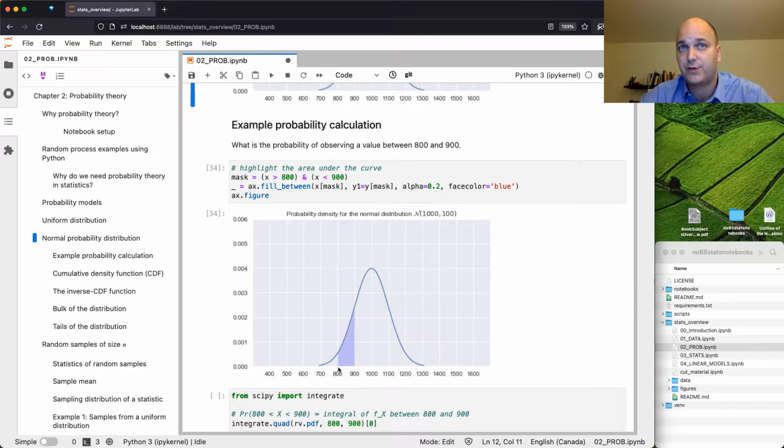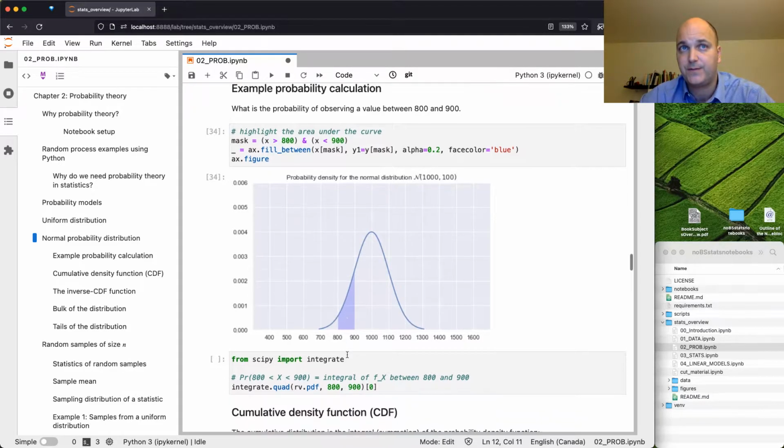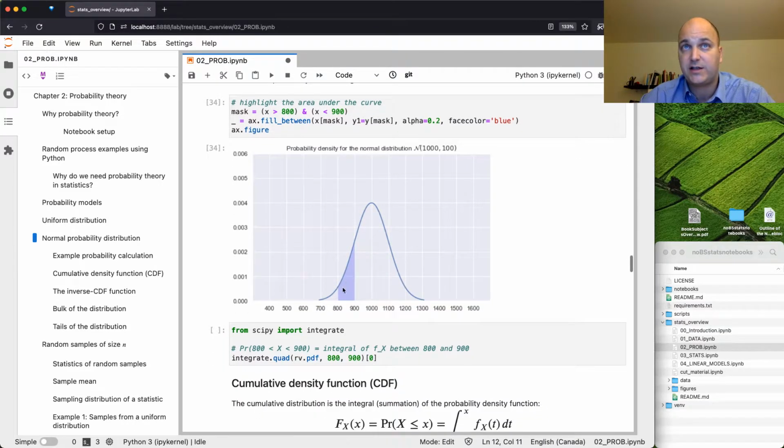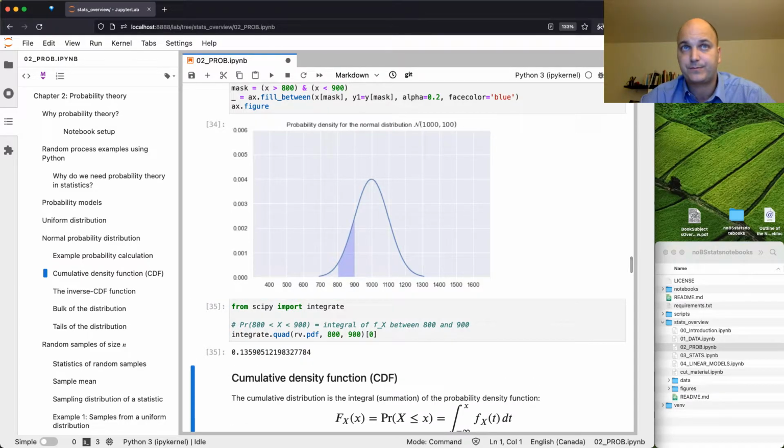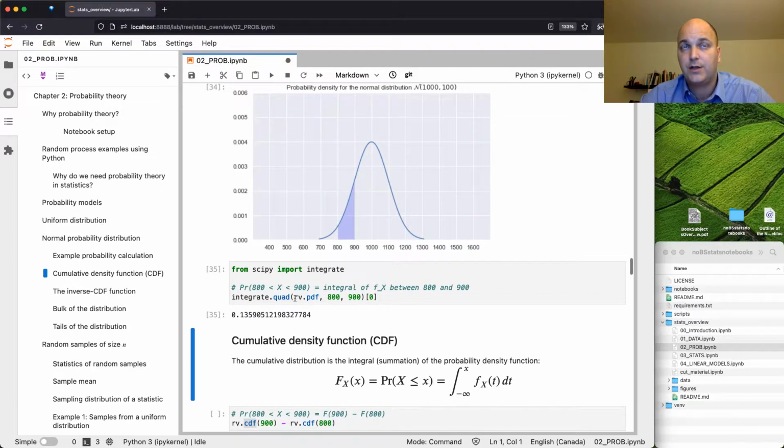That's what I've drawn here, the shaded region. The probability of a number coming in this range, well, we have to do the integral. The density is the blue line, so the total probability is the area under the curve. We can obtain that using integration.